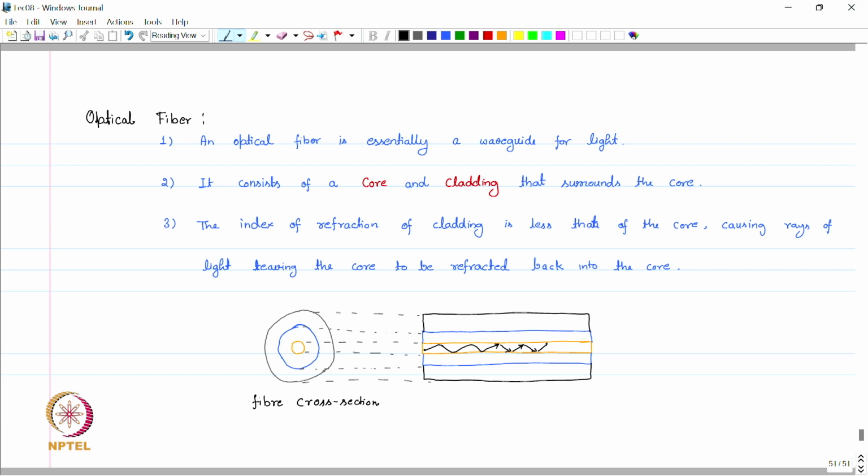These photons never go out from this core to the cladding, and they always remain within it, and they can travel in this way to very long distances. So, this is how an optical fiber looks like.